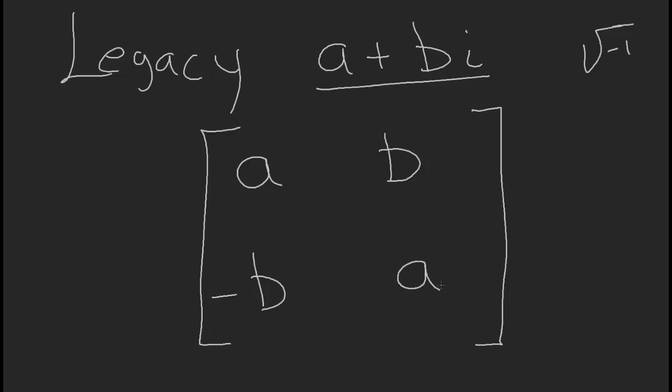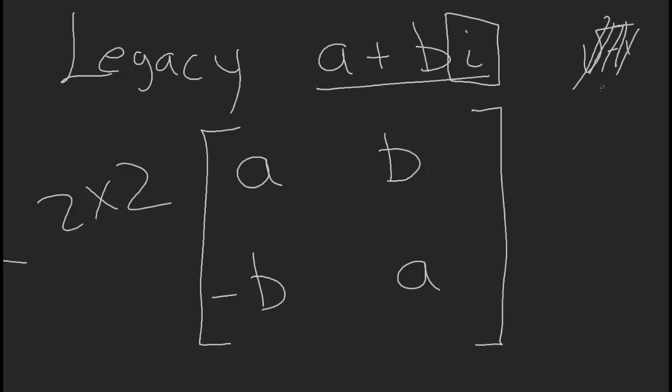This is the correct way of writing a complex number. When you write it in this 2x2 matrix format, you no longer need to write the letter i. You no longer need to worry about the square root of -1. It's really not necessary in order to be able to use complex numbers.